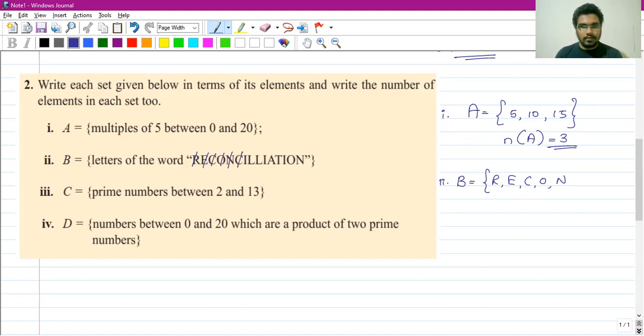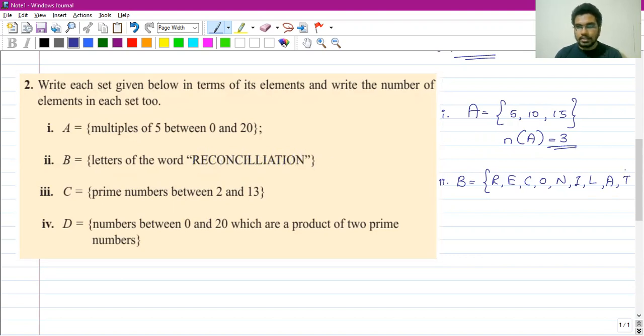Next, C we have written it already, and I, L, again L we have written, I we have written, again A, next T, so we haven't written, yes, T. Next, I we have written, O we have written, and again N, we have written.